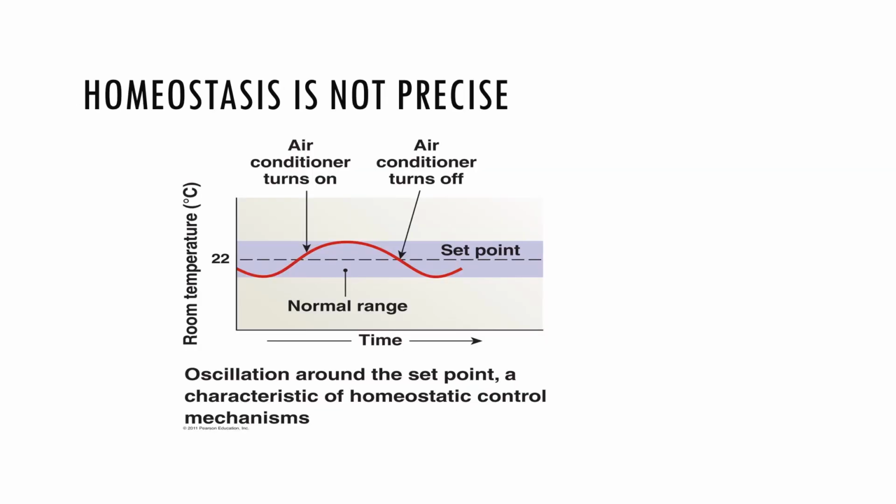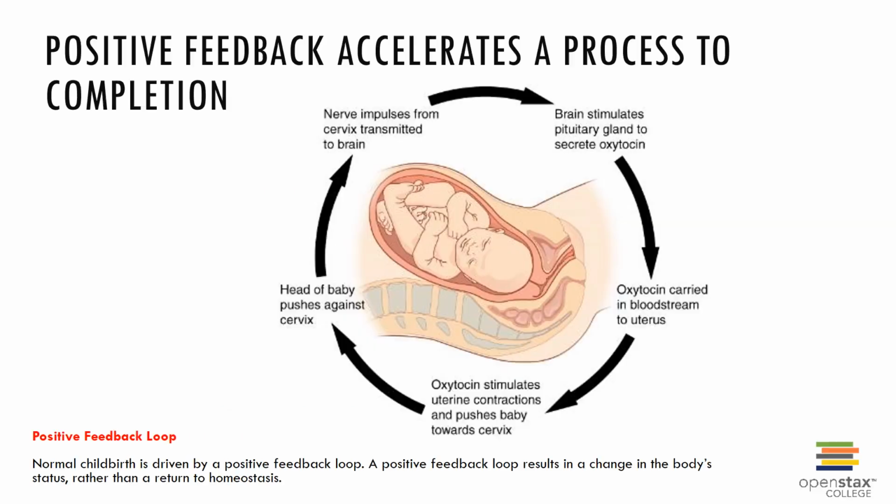Now, homeostasis is not precise. There is some oscillation around the set point, and that is pretty much a characteristic of homeostatic control mechanisms. Now, another type of feedback mechanism that you should be familiar with is positive feedback.